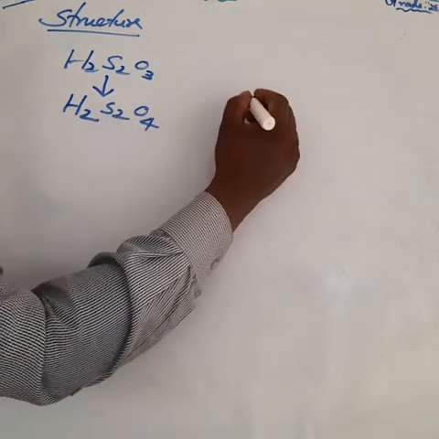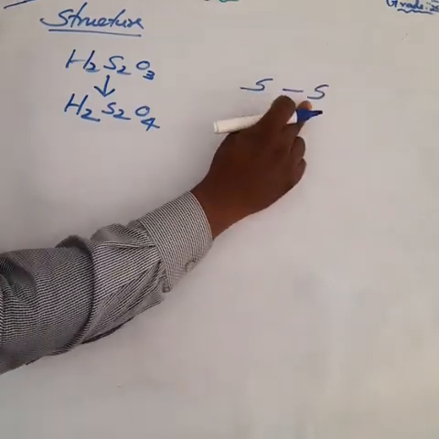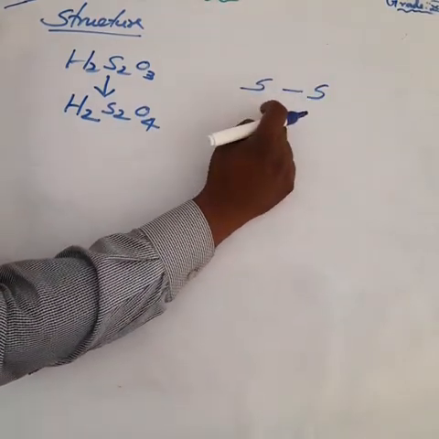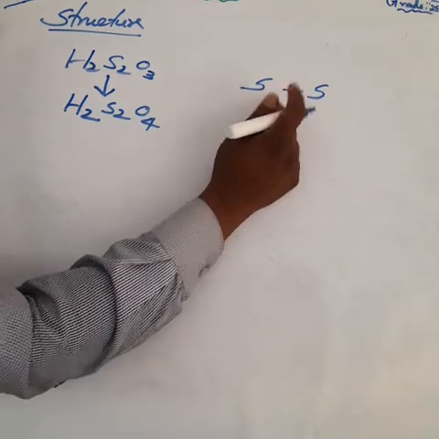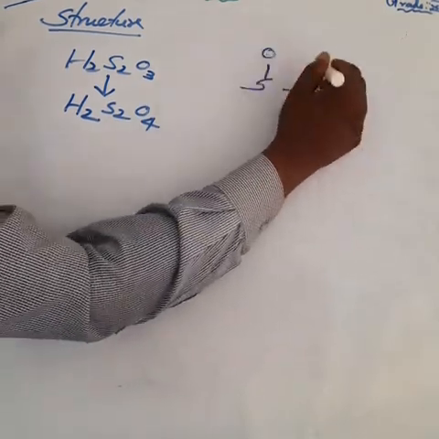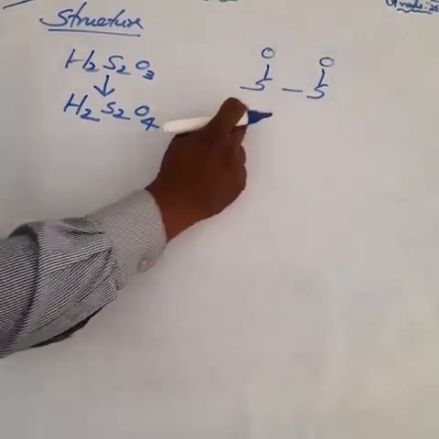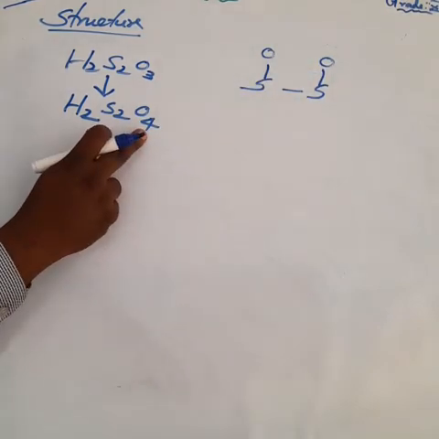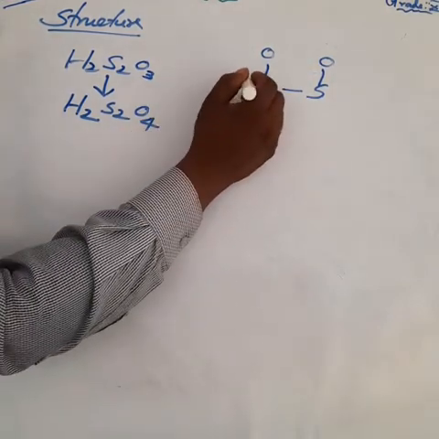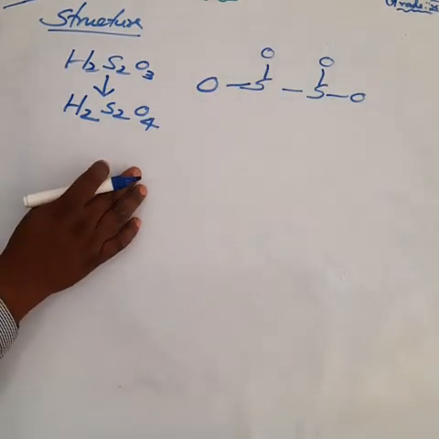First you have to write two sulfur with a single bond between them. Above each sulfur you have to place an oxygen atom, one above each sulfur. Then left side one oxygen atom, right side one oxygen atom. So four oxygen atoms are over.